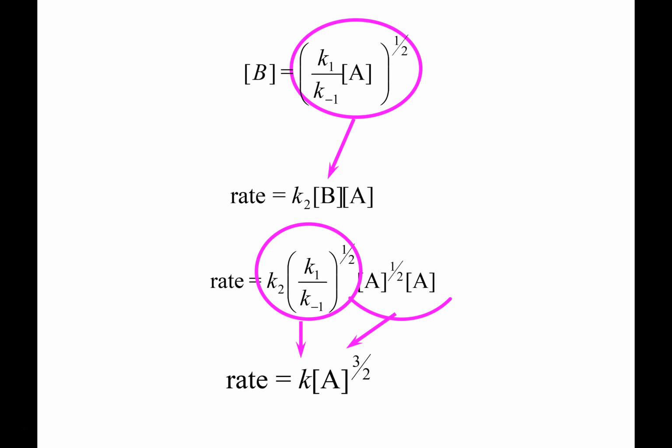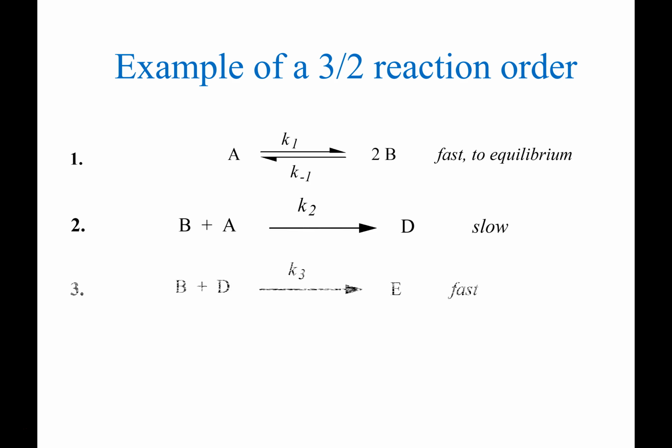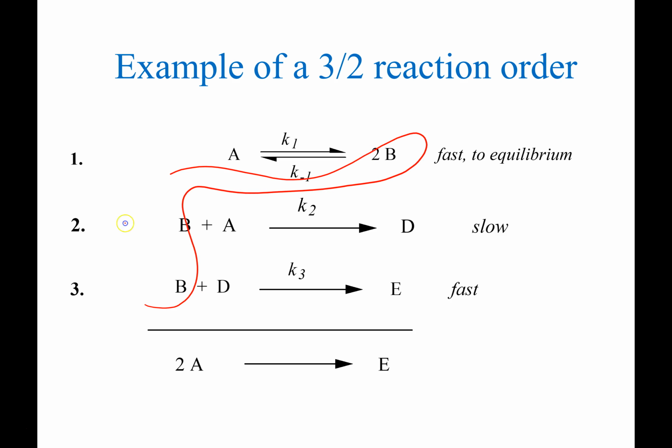So we spent a fair bit of time working around reaction orders of 0, first, second. But these are out there too. I'm not going to work this one. But let's see, what intermediates do we have? B. Oh, you're fast. D. Yep, B and D are intermediates.